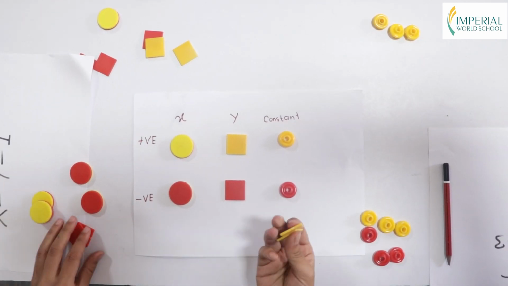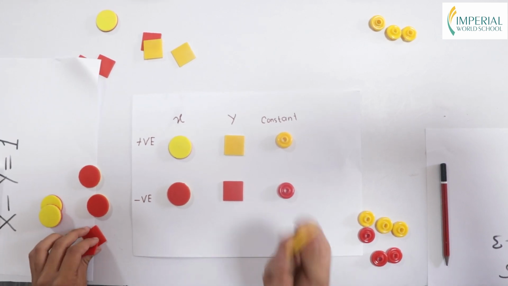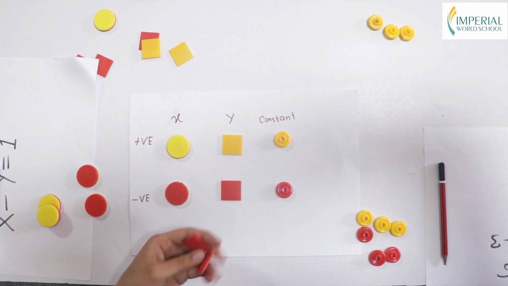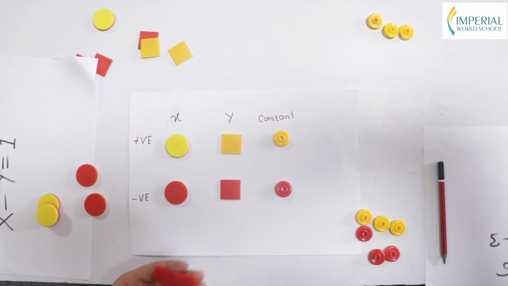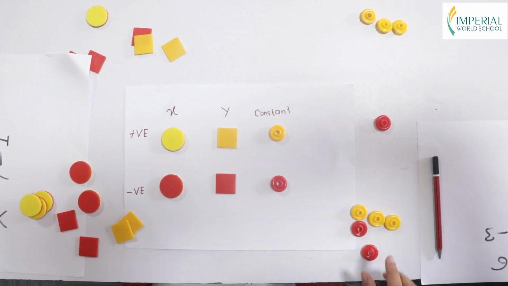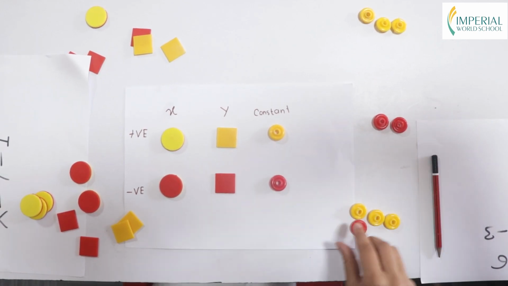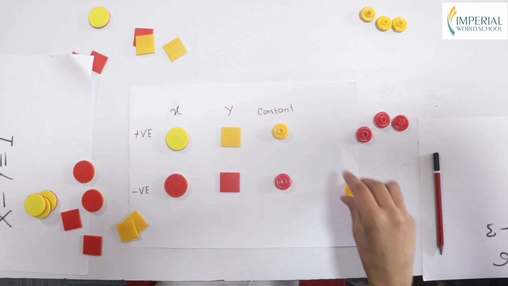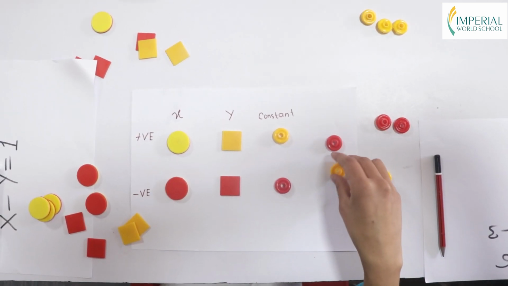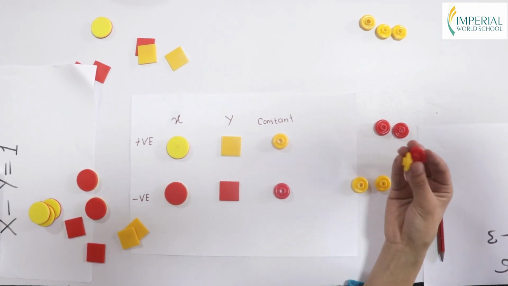It's the same with y: 2 yellow squares mean 2y, and 2 red squares mean minus 2y. For the constants, 1 red one means minus 1, minus 2, and minus 3, and yellow ones mean 1, 2, and 3. And as we all know, positive and negative cancel each other.